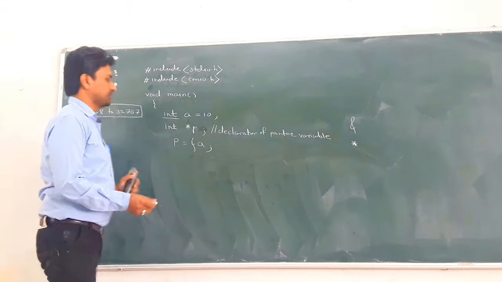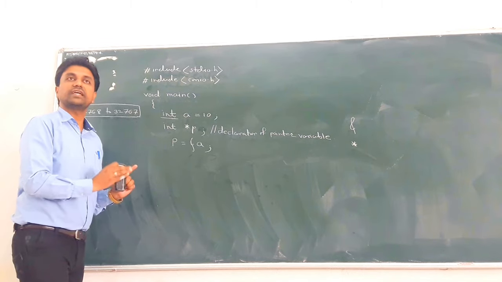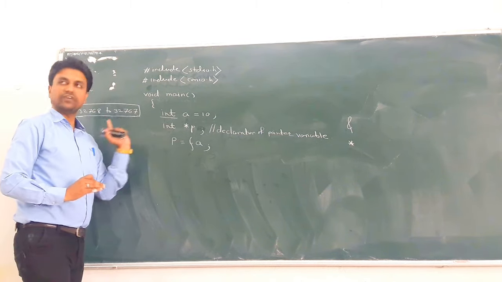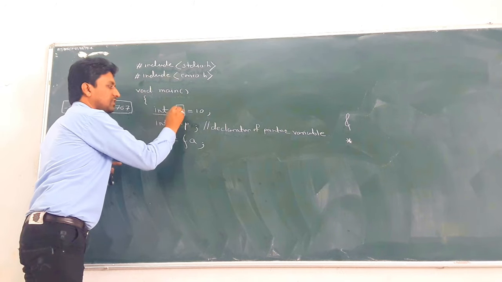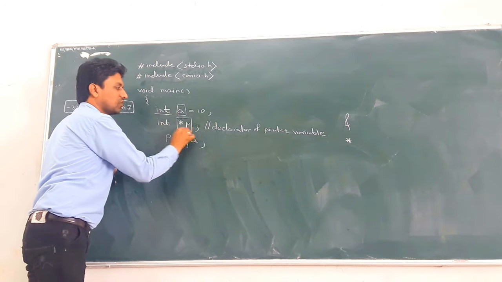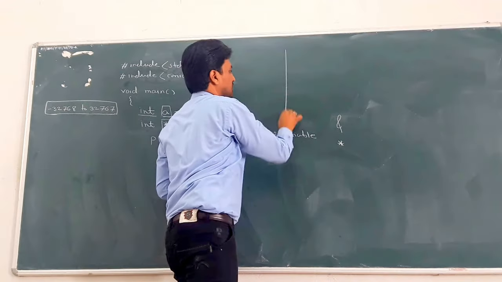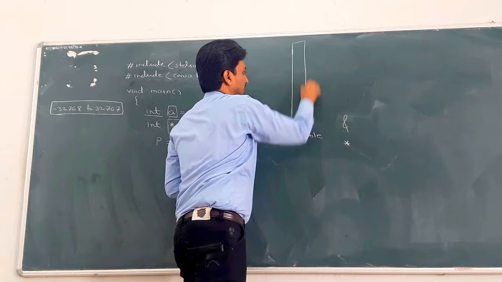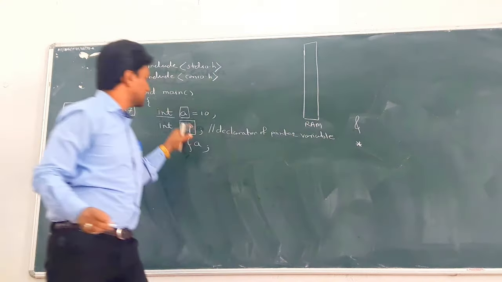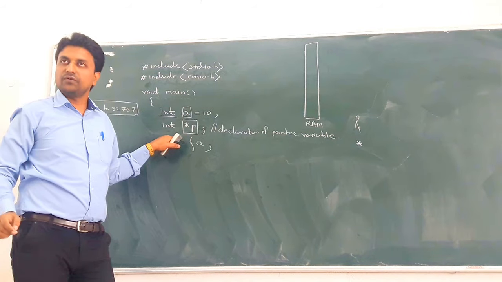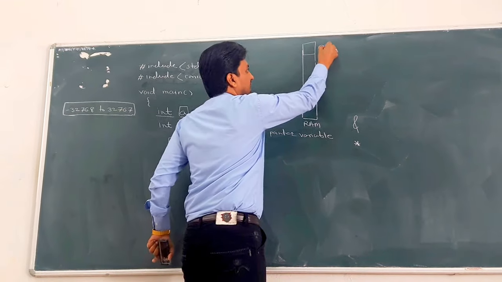Okay, next. Now what is the meaning of this, and how does memory get managed for this type of variable? So here a is called a value variable, and pointer p is called a pointer type of variable. Now, memory management. This is your random access memory. These are two different variables. For a, memory gets reserved in stack memory.